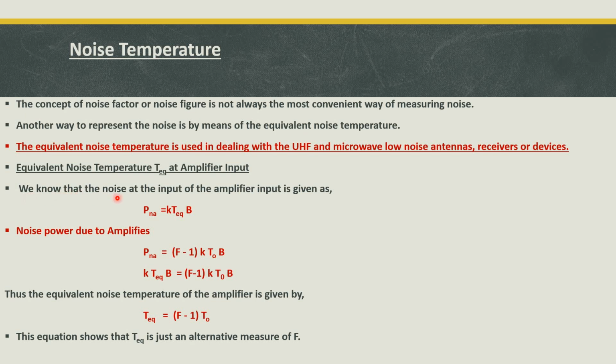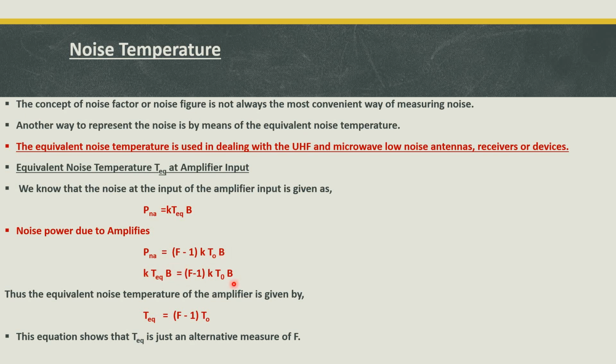We know that the noise at the input of the amplifier is given as PNA equal to K T equivalent B. The noise power due to the amplifier is PNA equal to F minus 1 K T0 B. This was calculated in your previous slides for a single stage amplifier, the noise contribution.